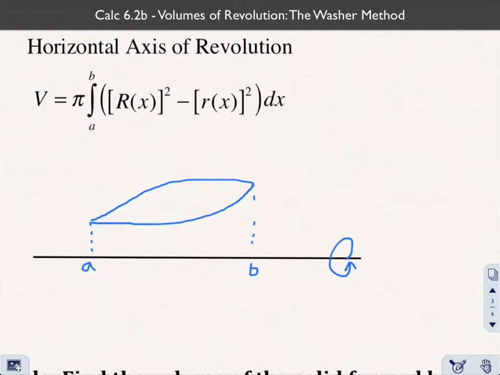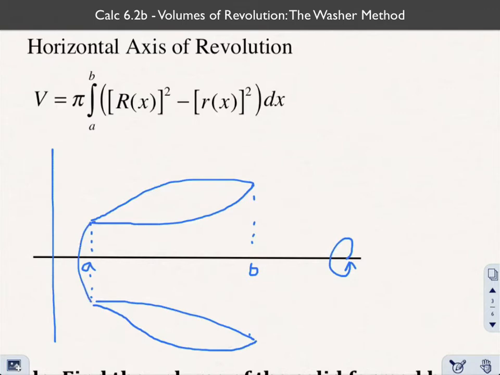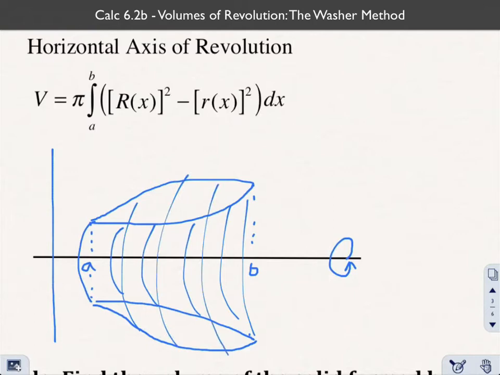I'm just going to draw my y-axis in here. If we were to revolve this around, it would get mirrored on the other side. Then, of course, we would get the inside right there, and we would also have the outside right here. It would be three-dimensional, so we would see that around the back side there.